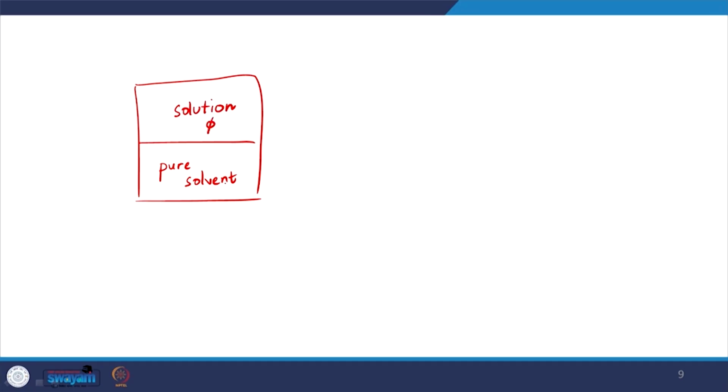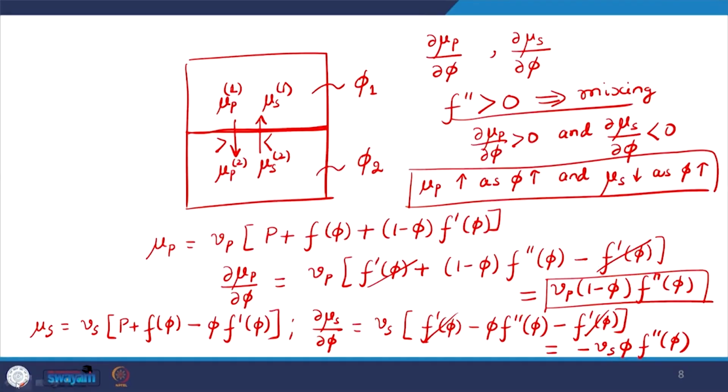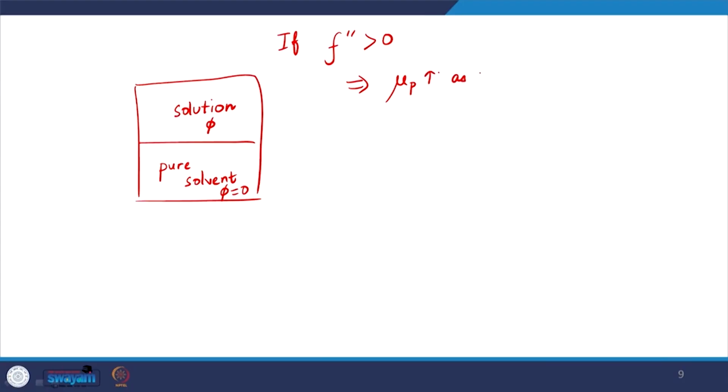The solution has some phi, and the pure solvent has phi equal to 0. Let us say I put them together, with no membrane in between them. In that case, if F double prime is more than 0, mu p is going to increase as phi increases, but mu s is going to decrease as phi increases.